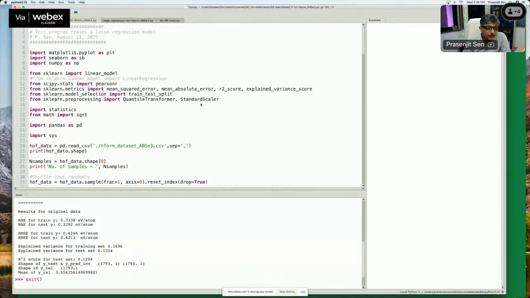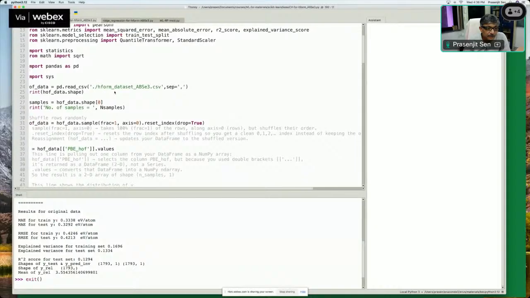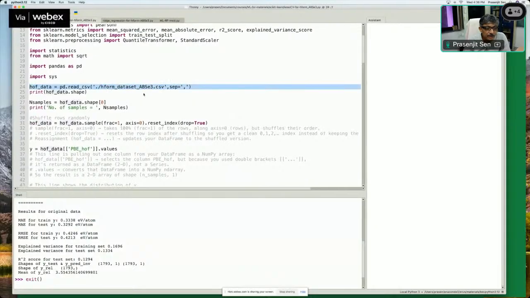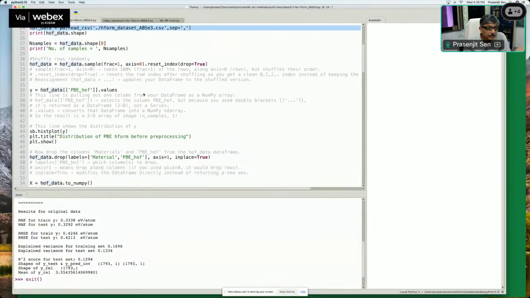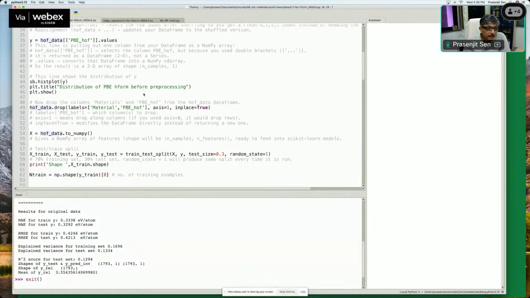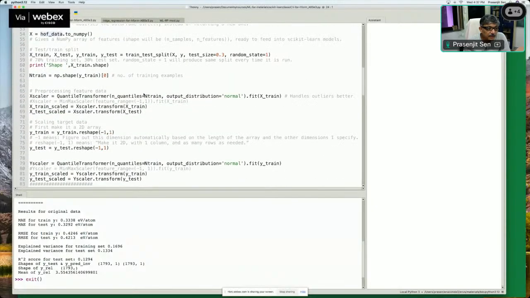I have already shared this script with you. We are using the same data set, which is the heat of formation data for the ABX3 materials.